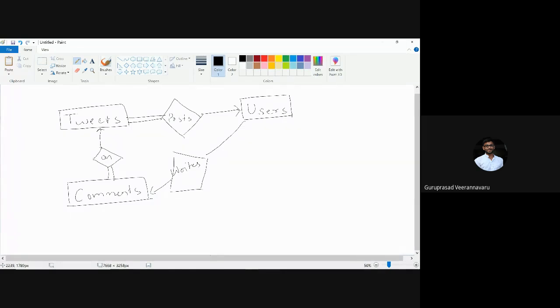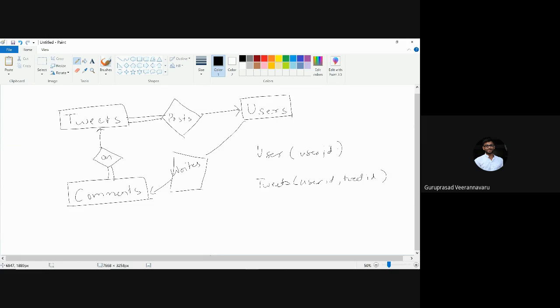So if you were to take this and convert it into tables, how would I do it? You have a users table, with user ID. And then you have tweets. Because tweets always depend on a user, a tweet will always have a user ID and tweet ID.